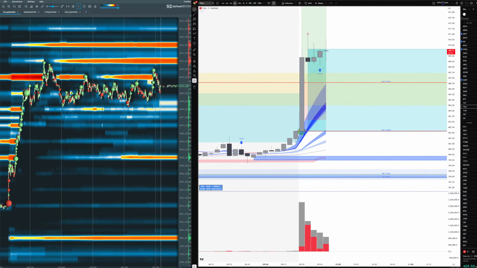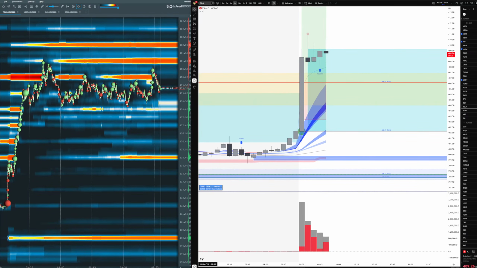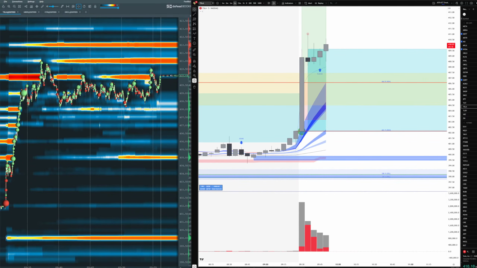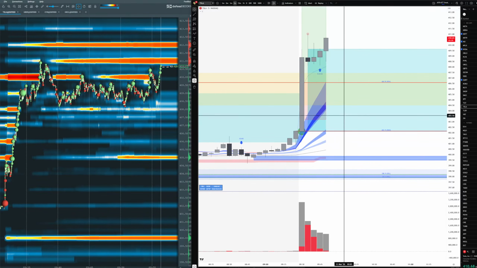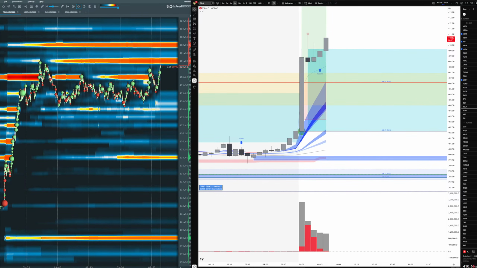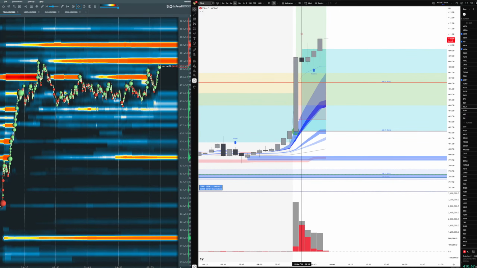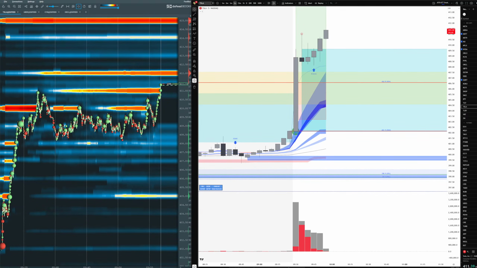What we focus on over here are the stocks that were in our watch list. Okay, Tesla approaching the 411. Breakout over here, more push.